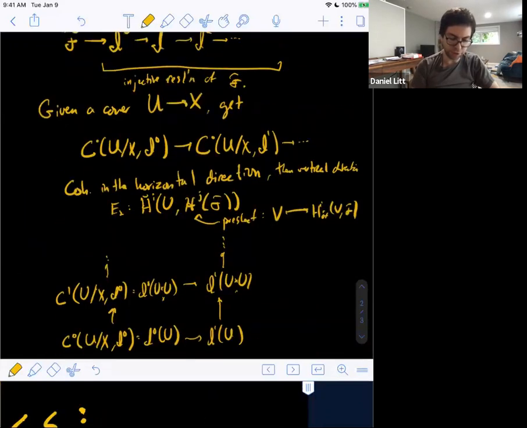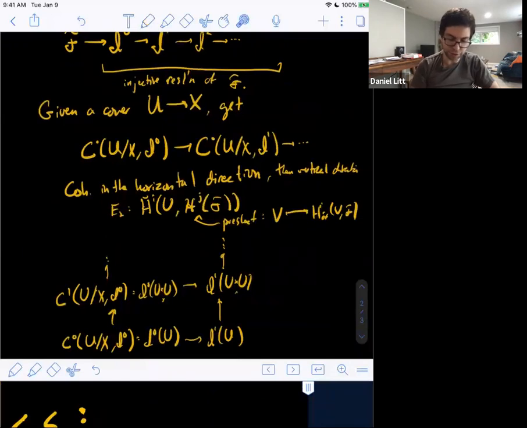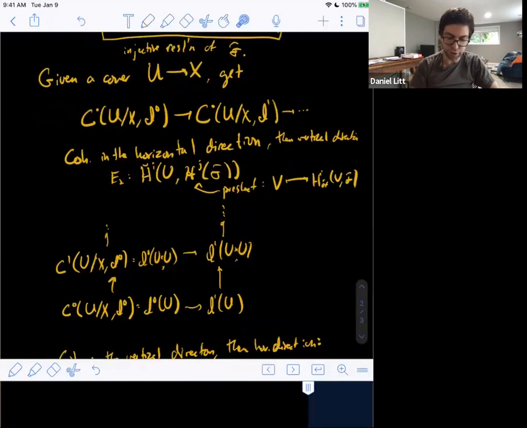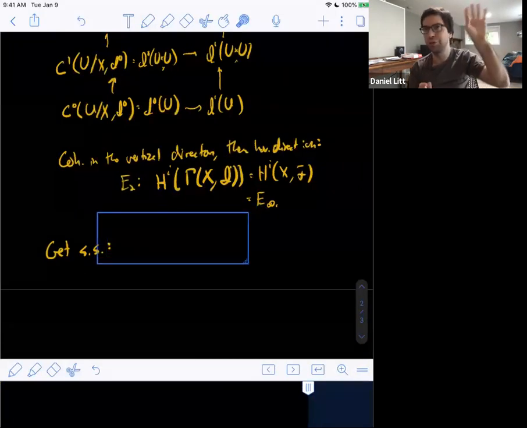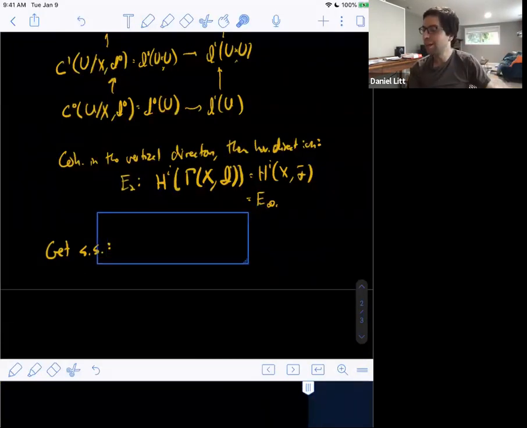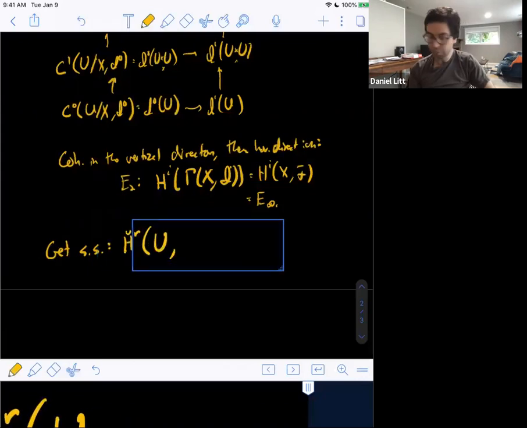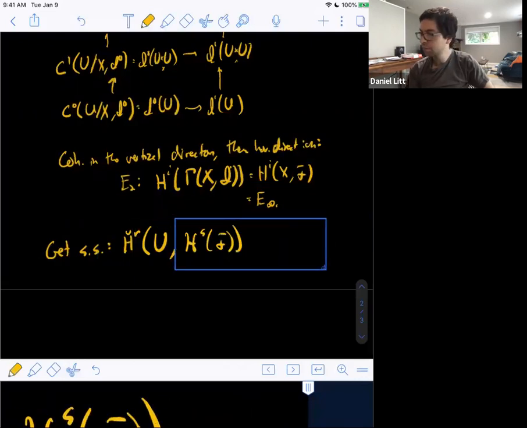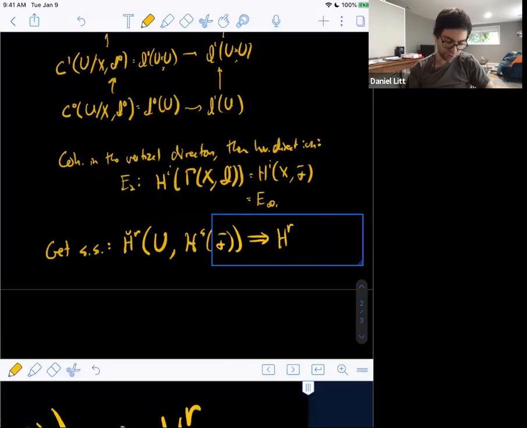In particular, the spectral sequence of this double complex, when you take cohomology in the horizontal direction and then the vertical direction, so I don't remember whether that's 2,1 or 1,2, there's some convention on this, which you can look up on Wikipedia if you so desire, goes from the Čech cohomology on this cover U with coefficients in this cohomology presheaf, and it converges to the derived functor cohomology.